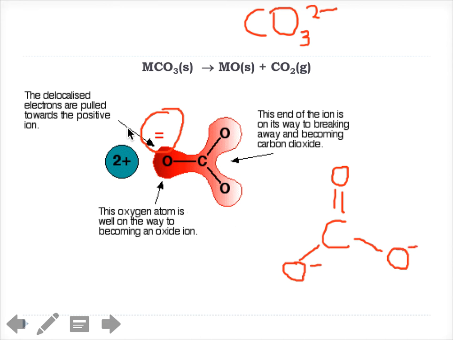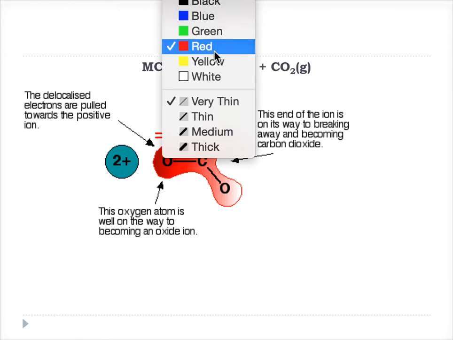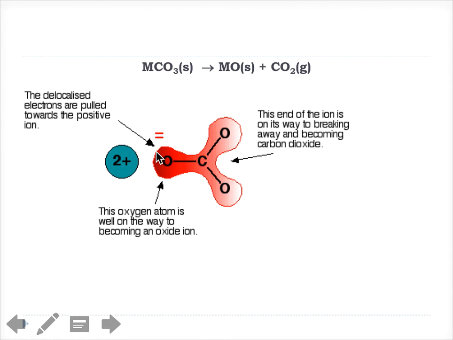Okay, now if we look at this diagram, we said that the cation has a high polarizing power, and because of its high polarizing power, it sucks electron density over to itself from the anion. Now, if we look at this anion, we can see that electron density is actually sucked towards the cation, right?